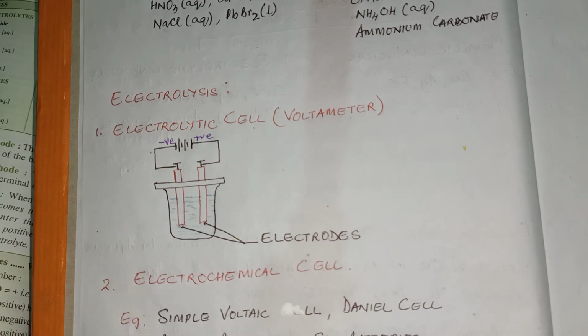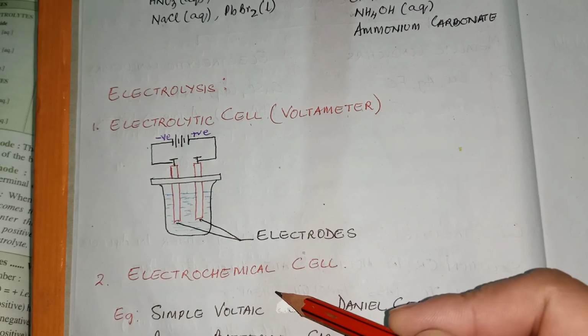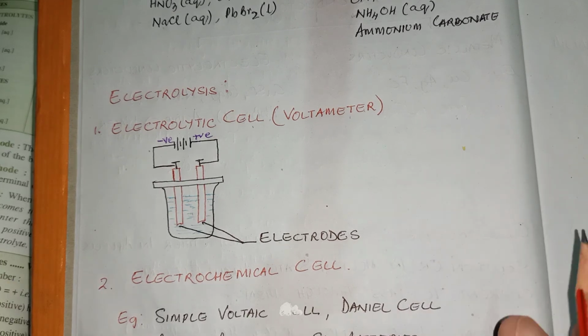Whereas in the electrochemical cell, due to chemical reaction taking place in the electrolytes, electric energy gets produced, and that electric energy is used by other external sources, okay boys. So here electric energy is taken in, and in this process electric energy is given out, produced.